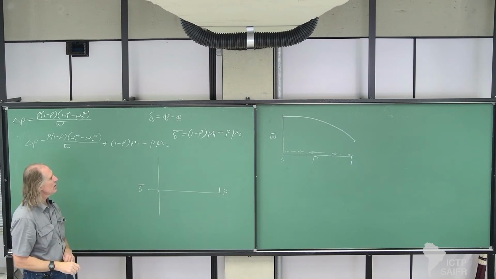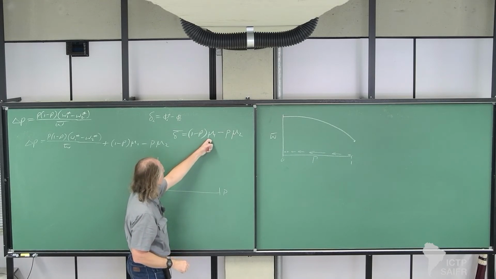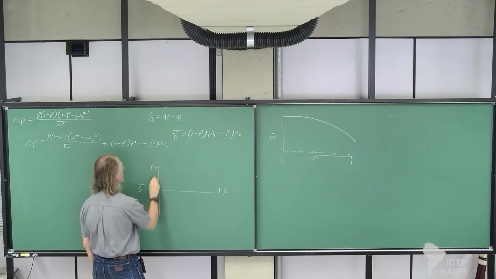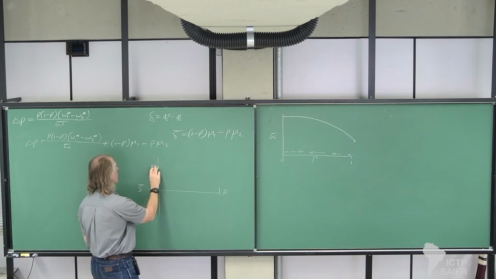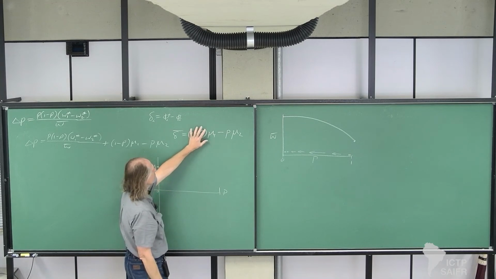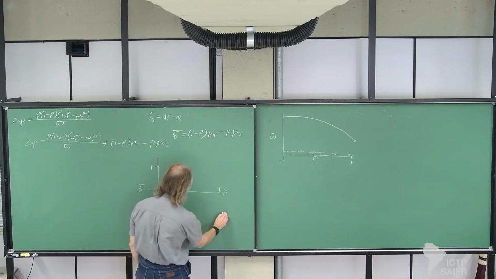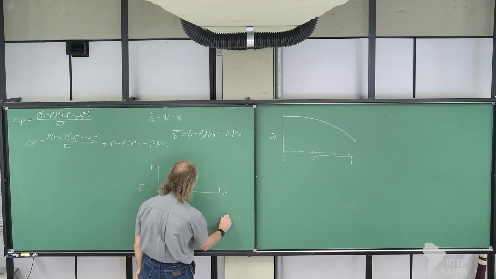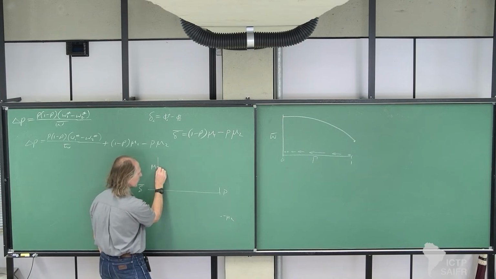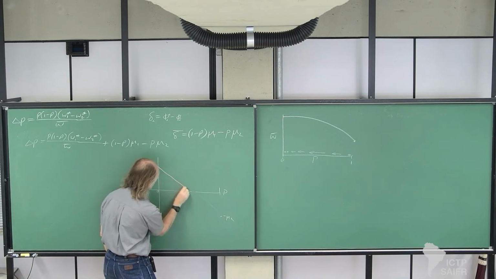When P is 0, this term is 0, and this is just mu1, so it's some positive mu1. When P is 1, then this term is 0, and so it's minus mu2. So it's minus mu2, which is something down here. And it's a linear function, so it goes like that.